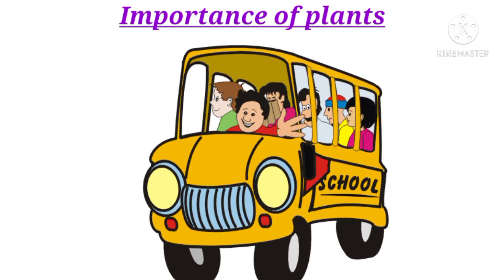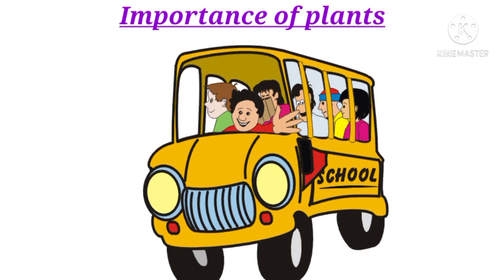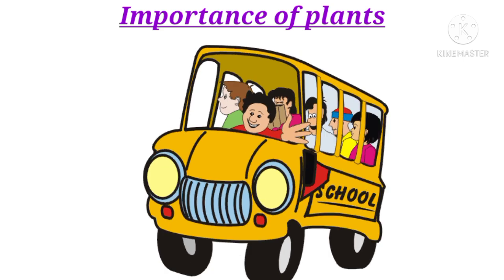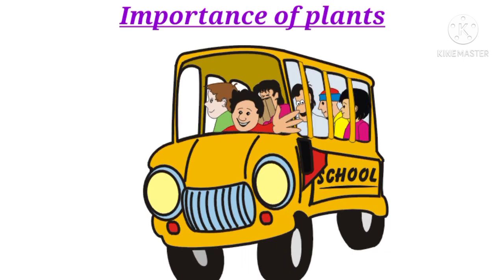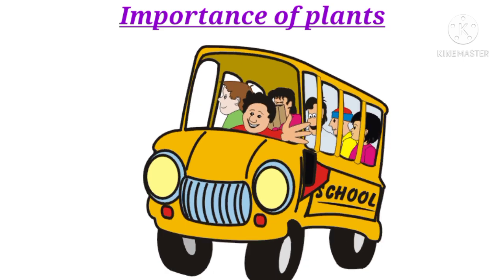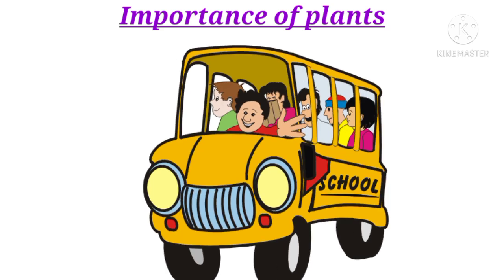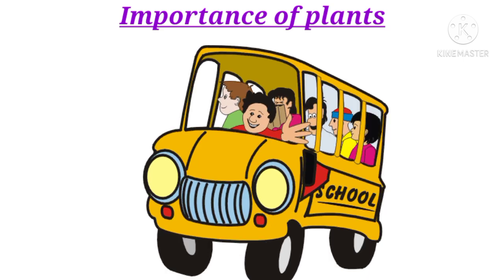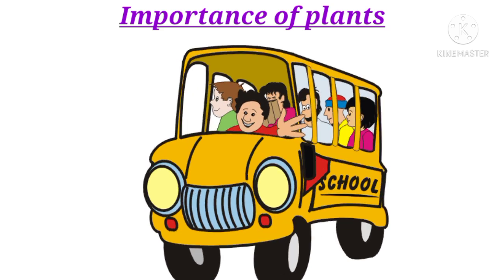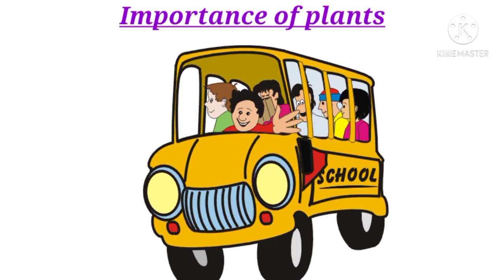The children came up with different answers, like: plants provide us with food, the wheat and rice we eat come from plants, the tasty and healthy fruits we eat come from plants, all the vegetables we eat are provided by plants, the tea and coffee that my parents drink come from plants, and plants make our world colorful and beautiful.